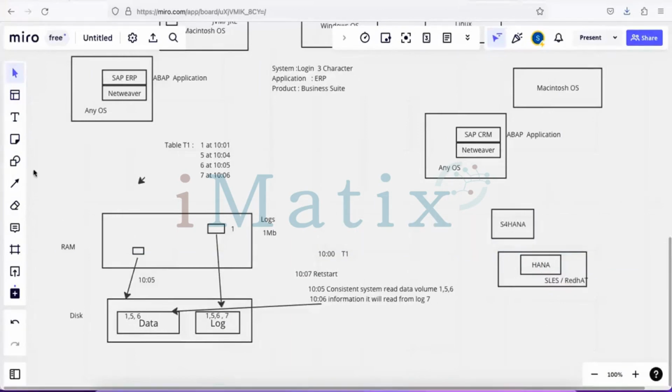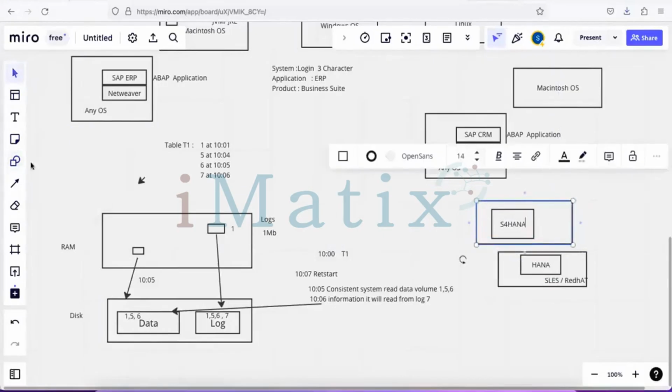S/4HANA is an application server, which can run on Windows, Linux, any platform. These are two different things. We are talking about HANA, we are not talking about S/4HANA.